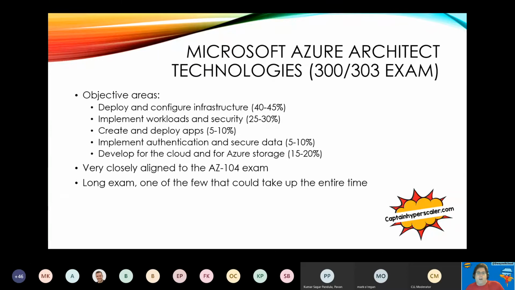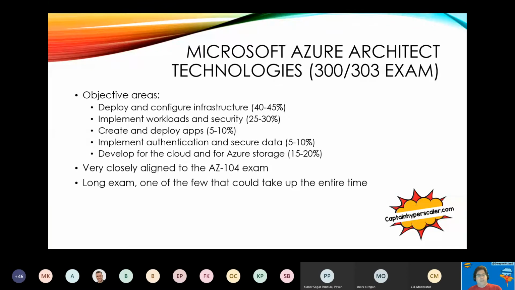And if any of you on this call are an Azure Administrator Associate and have taken that exam or prepared for that exam, this exam is very closely aligned with that Azure Admin Associate exam, the 103/104 exam. I would say 80%, 85% of the admin exam is part of the objective areas of this exam.